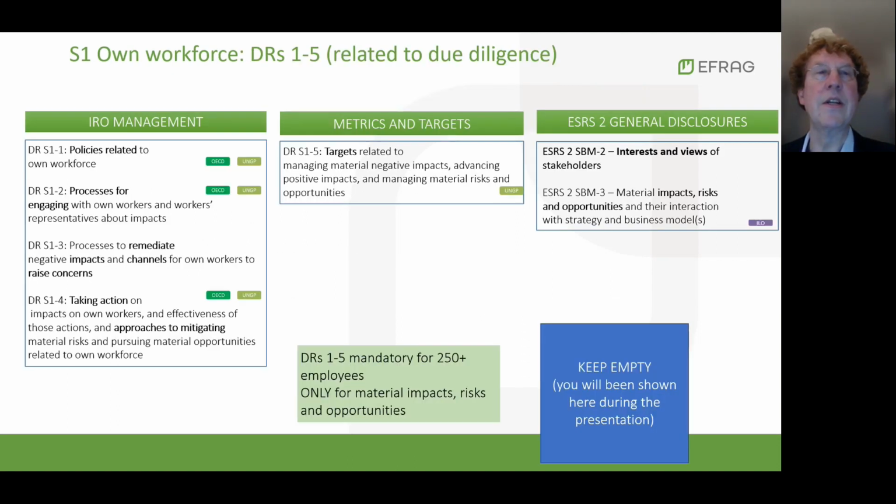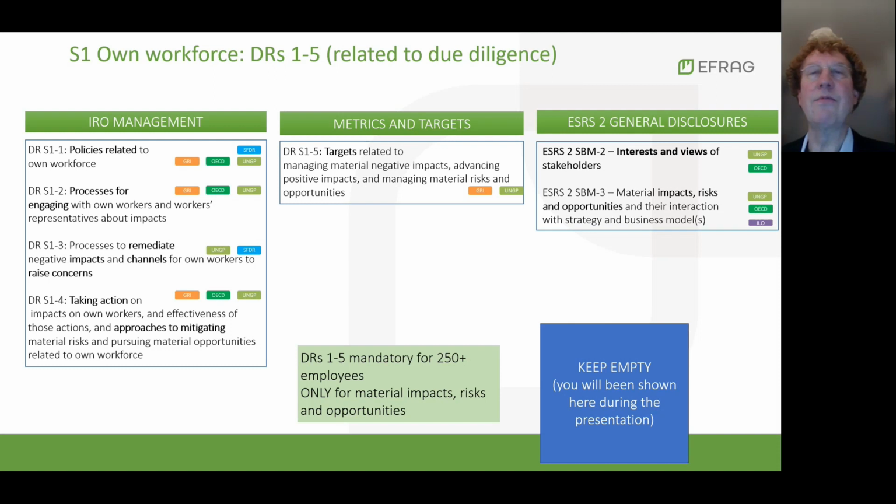So what we have here are the first 5 disclosure requirements in S1 Own Workforce. And these are very much related to the due diligence process as defined by the OECD and the United Nations Guiding Principles. There are 5 disclosure requirements here which cover policies related to own workforce, processes for engaging with own workers and workers' representatives, processes to remediate negative impacts, and channels for own workers to raise concerns, taking action, and also targets regarding material negative impacts.